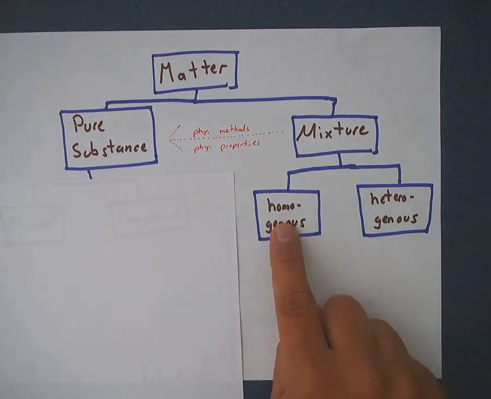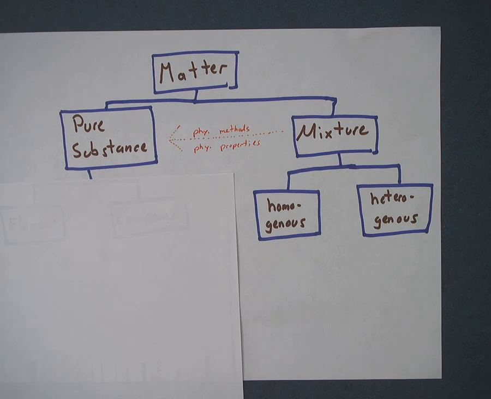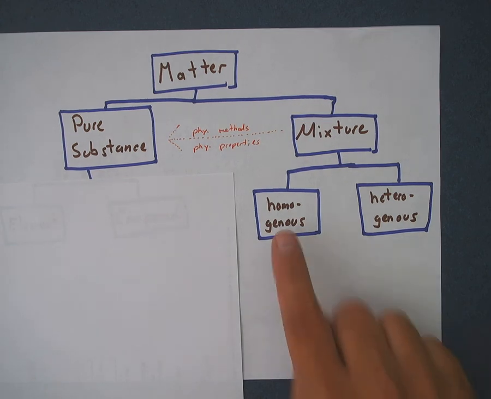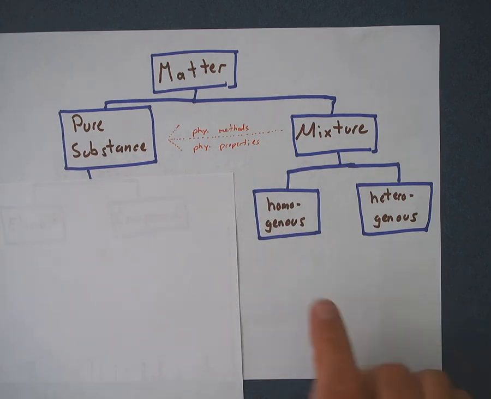So homogeneous mixtures are mixtures that are uniform in composition. Now, you might not know what those words mean, but this is so well mixed that it's blended where the right looks the same as the left, the top looks the same as the bottom, the first sip tastes the same as the second sip.